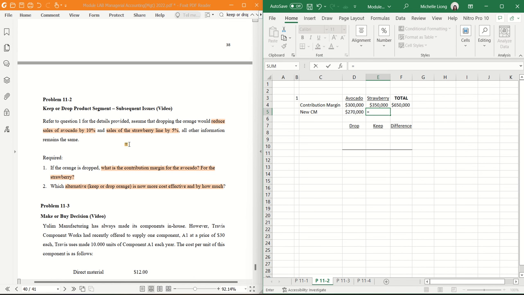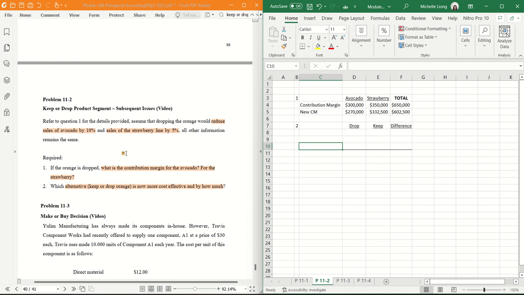And then for strawberry, drop it by 5%, so become 95%. Okay, and then we add it and we get 602,500. So it's dropped by 47,500. Okay. Next, number two.